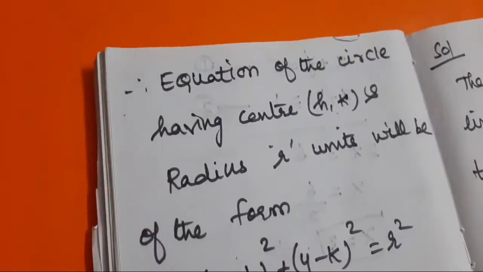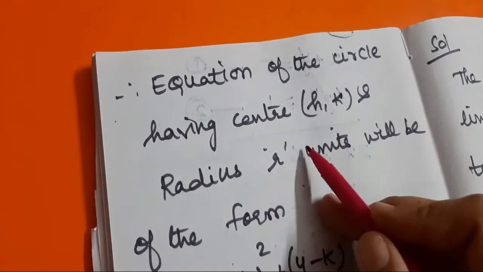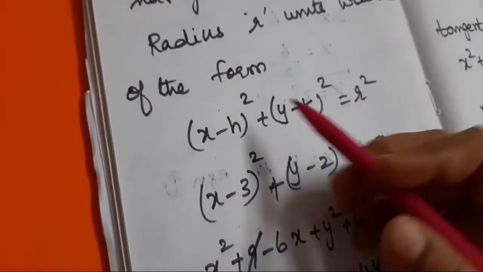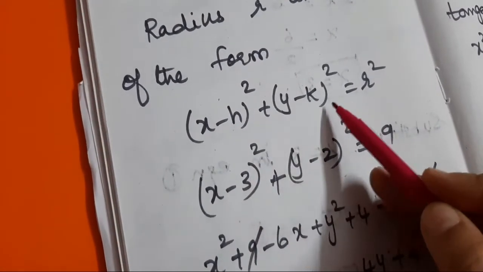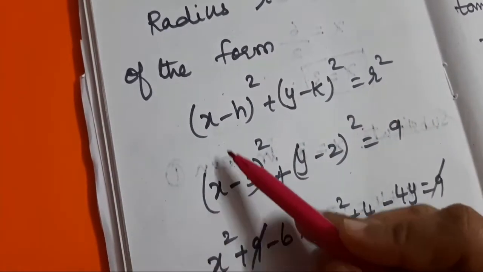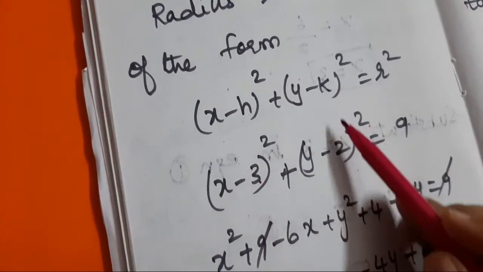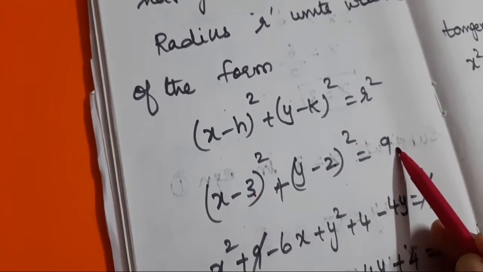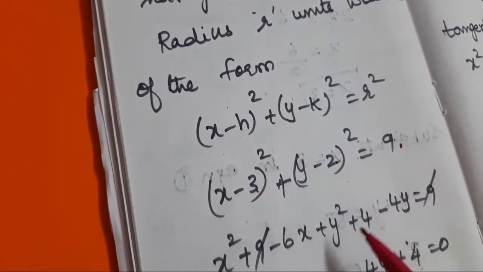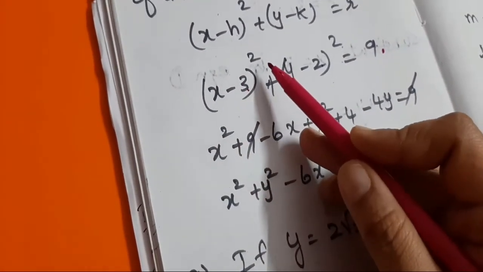Then the equation of the circle having the center at (h, k) and radius r units will be of the form (x minus h) whole square plus (y minus k) whole square is equal to r square. Instead of h I can substitute 3, instead of k I can substitute 2, and r square is 9. I can expand using the (a minus b) whole square formula.